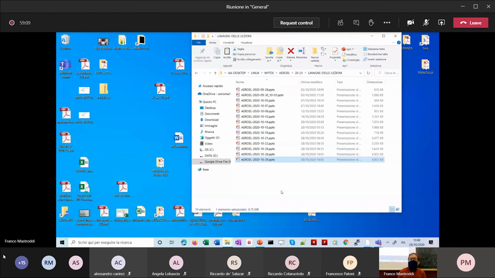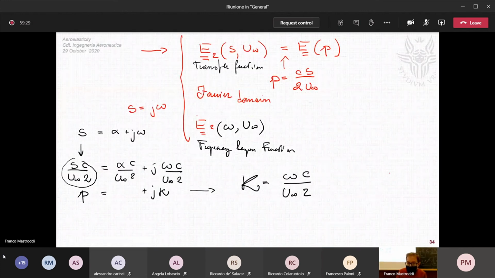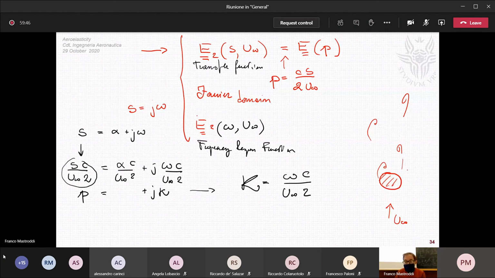The Strouhal number is a number quantifying the unsteadiness in the flow, a frequency present in the flow. For example, a standard example of the Strouhal number is in the famous problem of the cylinder. You know this problem with the flow with von Karman vortices, one here, one here, one here. Do you know this problem? No? Nobody knows the von Karman cylinder problem?